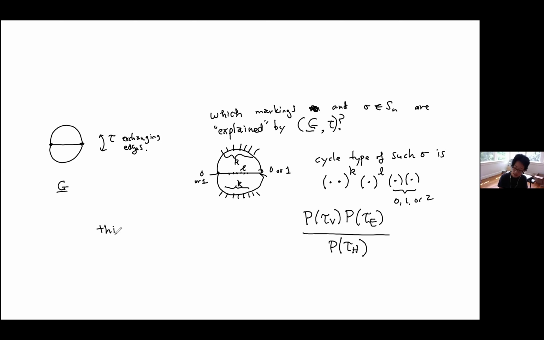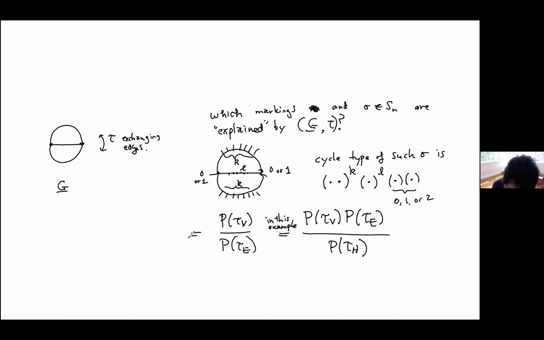In this example, it's a little hard to see, but note that, you know what, okay. I don't know if I can explain this in a way that's, here. Okay, so in this example, this is exactly P tau V over P tau E. This happens exactly when tau never flips an edge when it permutes the edges.